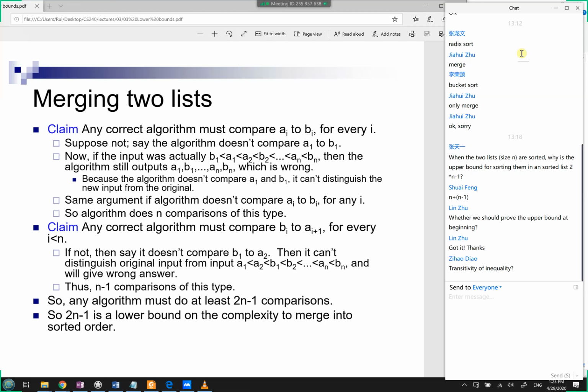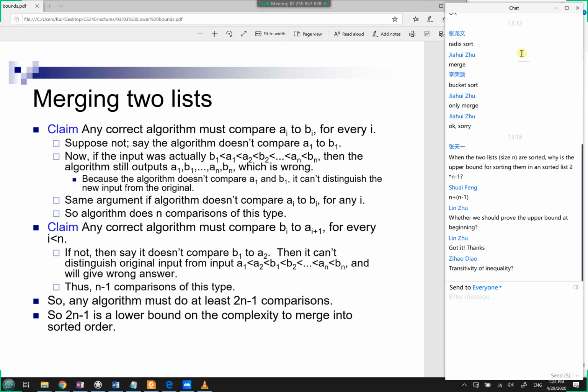Suppose we're trying to force the algorithm to compare A1 and B3. The reason the algorithm doesn't have to do that is, for example, if it compared A2 to B2, it's going to see that A2 is less than B2.